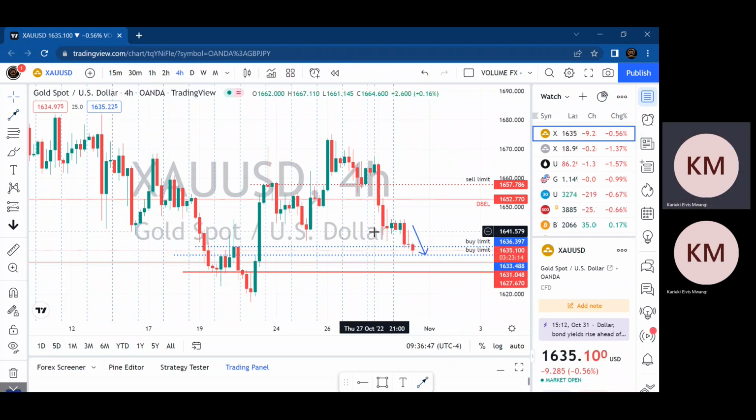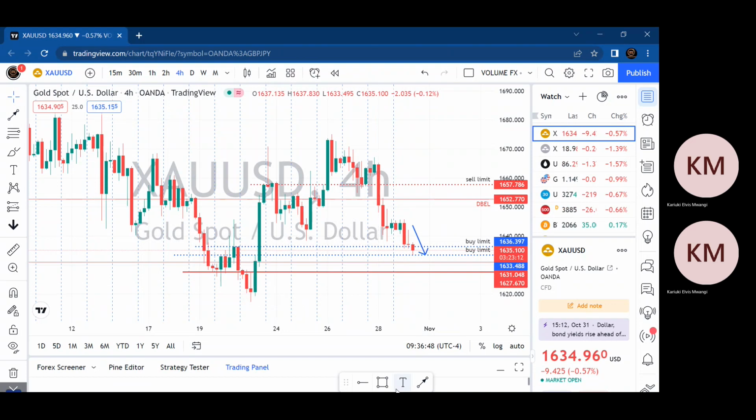Right now, my second buy limit for gold is not yet active. I'm going to wait for 1633. I think I'll have bought it, but you cannot concentrate on two things. I cannot teach you and look at my charts at the same time. But now you're looking at gold.